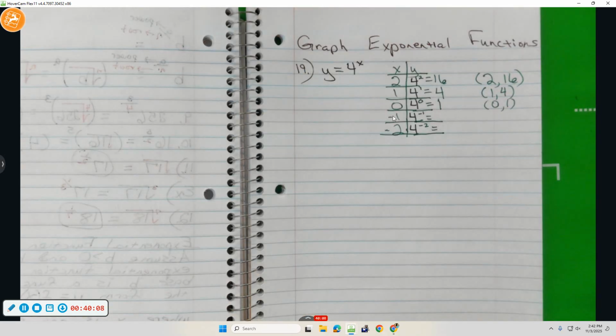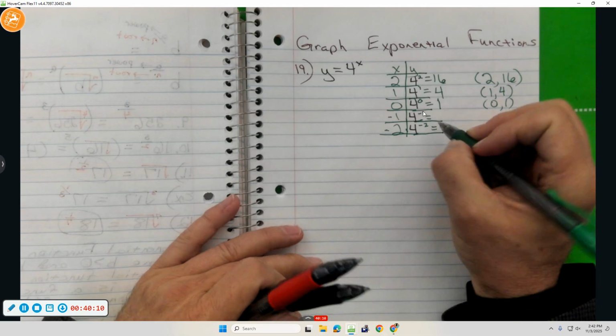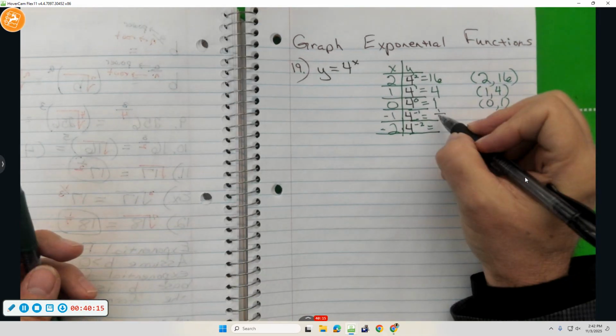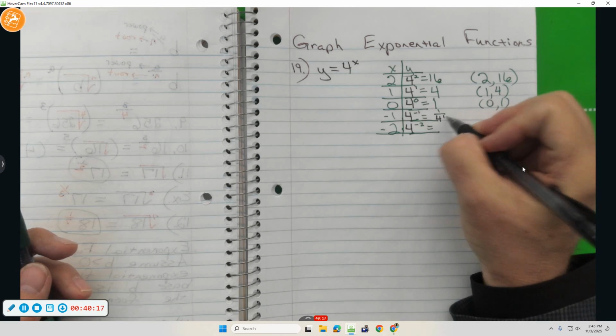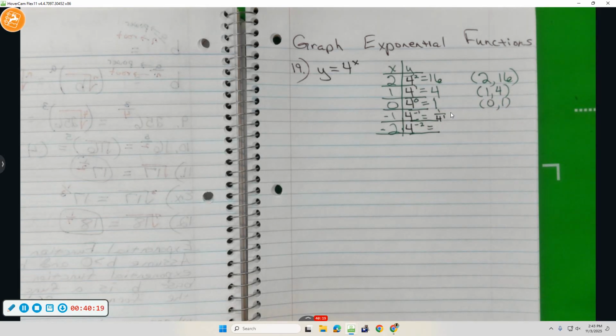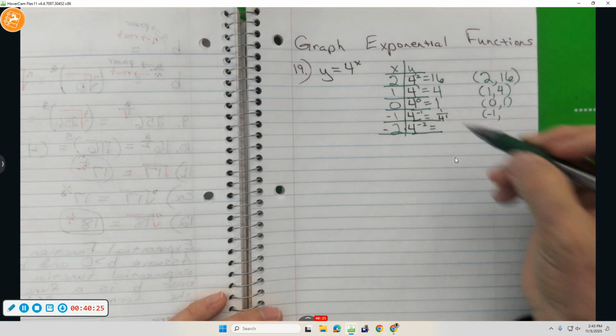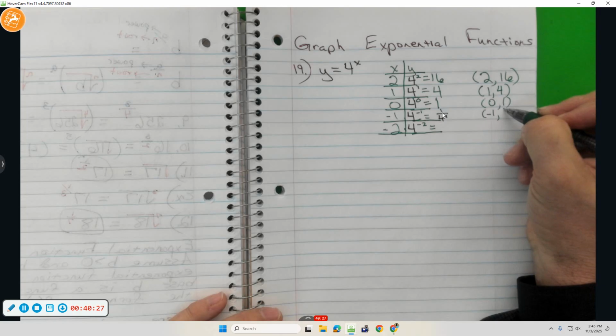So we have 1 over 4 to the first power. Well, what's 1 over 4 to the first? 4 to the first is 4, so just 1/4.